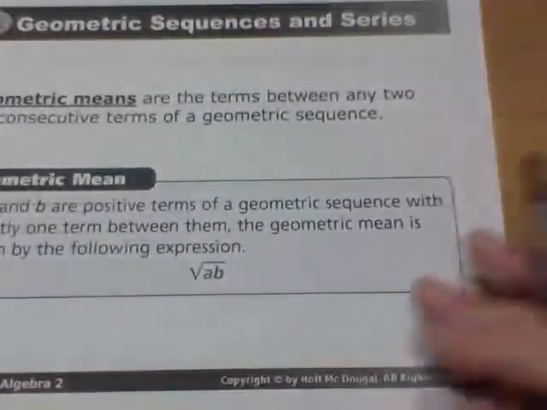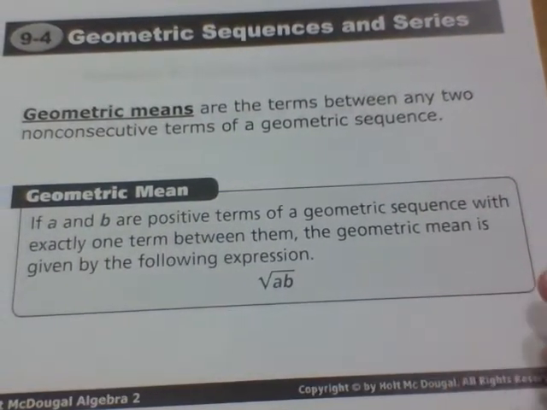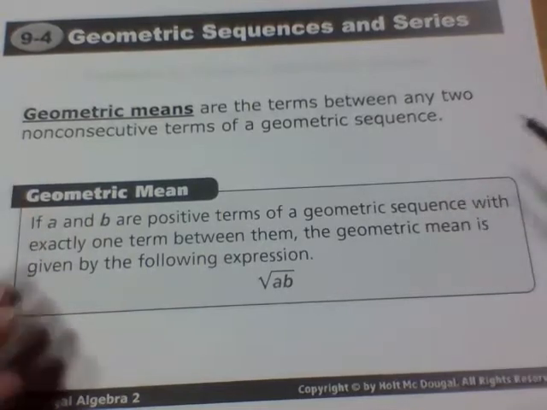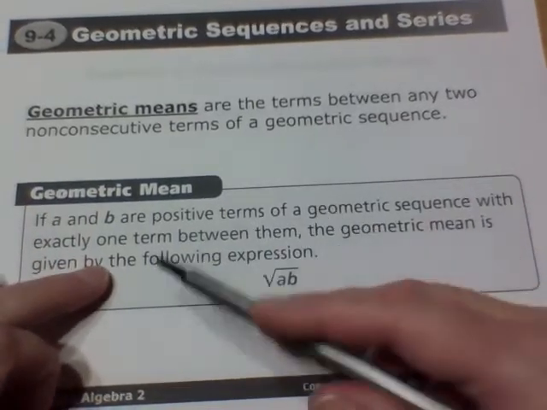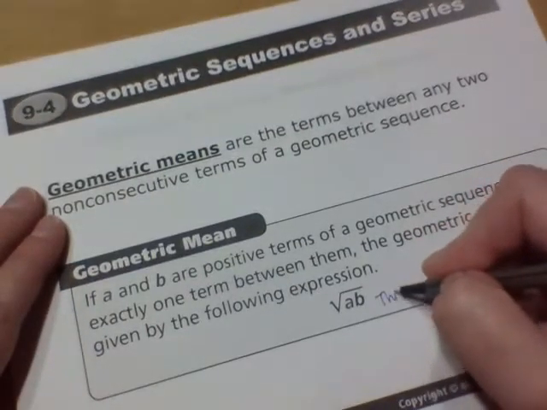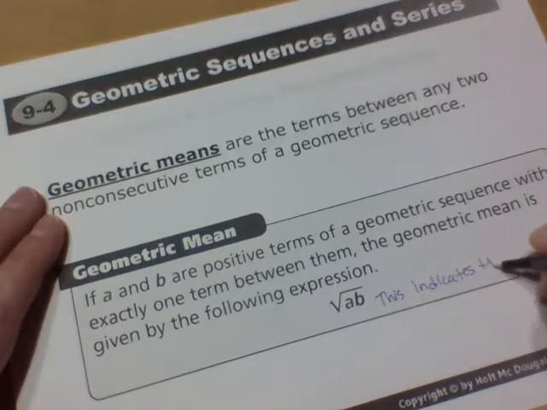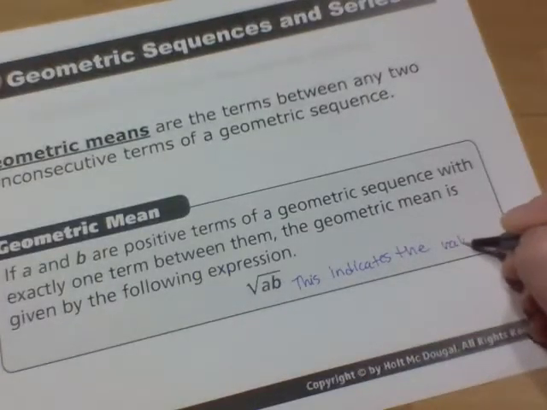So geometric means are the terms between any two non-consecutive terms of a geometric sequence. Again, there is one term between them, and this will indicate the value of the number between.